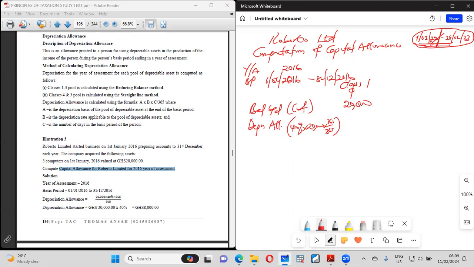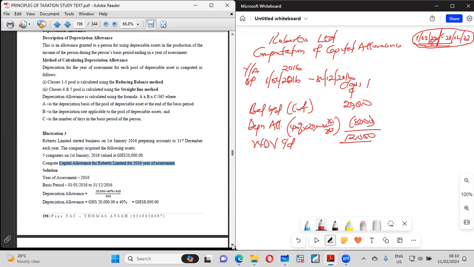All right, so that is what you're going to do. When you do this, you have 8,000. So our WDV, carrying amount, or here we call it WDV, WDV carry down is 12,000. So basically that is how it works. All right, so that's all.